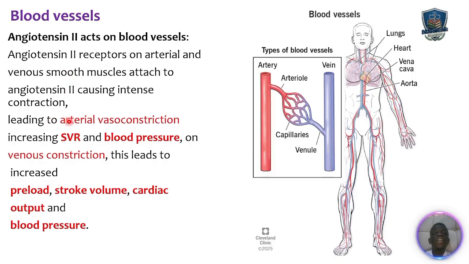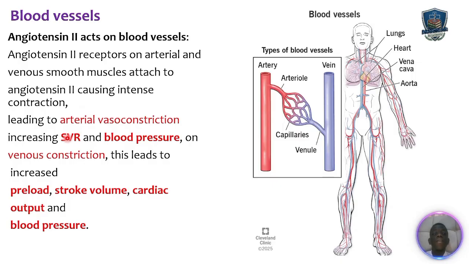So number one, it leads to arterial vasoconstriction. And remember from our episode 1 on hypertension and the parameters that increase blood pressure, we know that when there is arterial vasoconstriction, it will automatically lead to an increase of the systemic vascular resistance or the total peripheral resistance. So this leads to an increase of SVR or TPR, or you can say also the afterload.